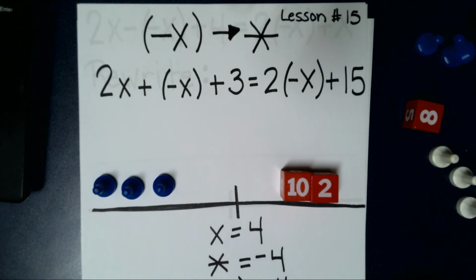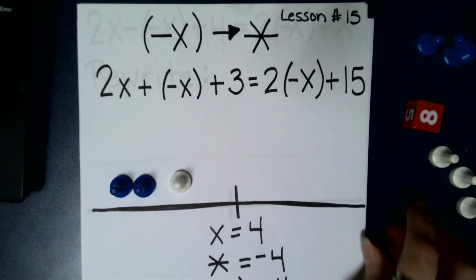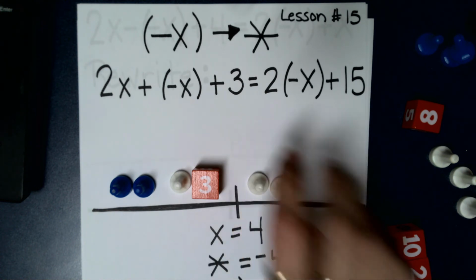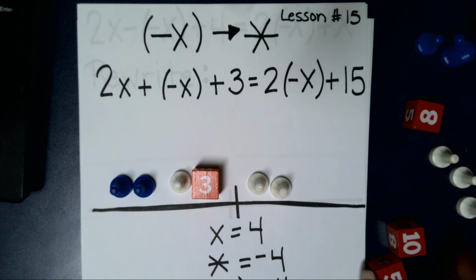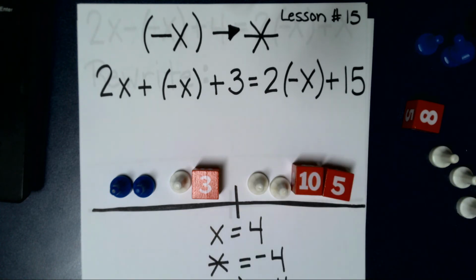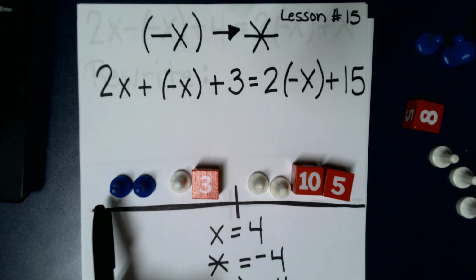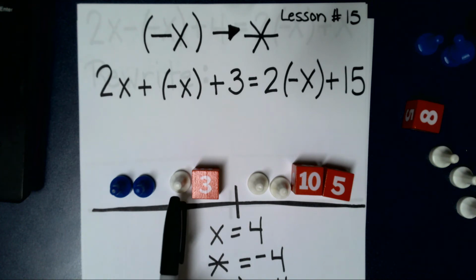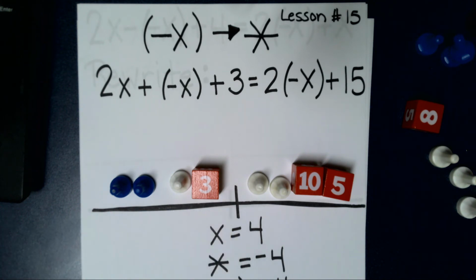And then we go back in for our check. So we need to reset up. We started with 2 pawns and a star plus a 3 equaled 2 stars plus 15. So let's plug in. We know that pawns are 4, so we have 4, 8. This is the opposite of 4, so it's -4, so 8 minus 4 is 4, and 4 plus 3 is 7.